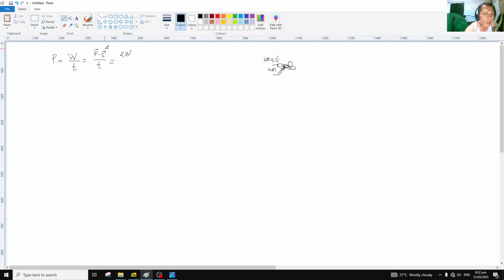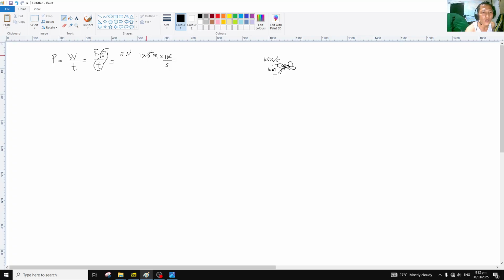Kaya lang, yung displacement mo, per time na siya. Kasi binigay na 100 times in 1 centimeter. So, yan na yung displacement mo. Pababa, pataas. Okay? So, meaning, meron kang displacement na 1 times 10 to the negative 2 meters. Tapos, magmumultiply ka ng 100 per second.